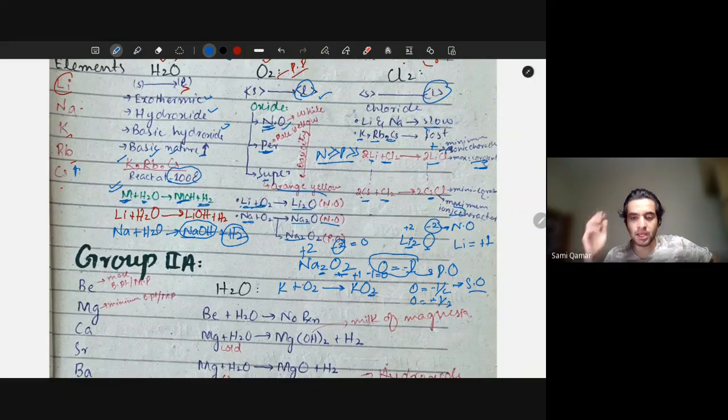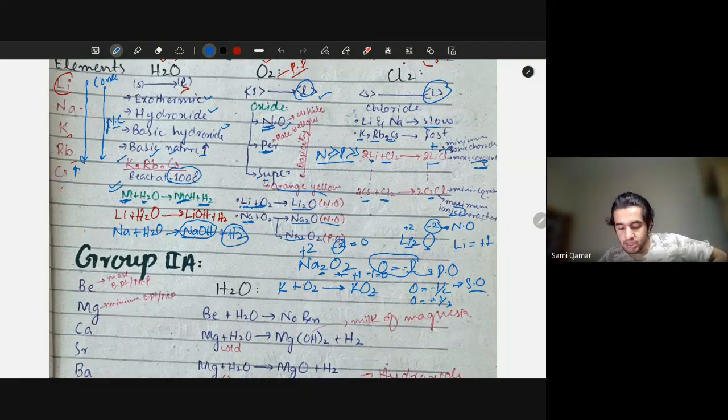What does that mean? It means that if you move from top to bottom, for chlorides, lithium chloride, sodium chloride, lithium will have maximum covalent character, and covalent character will decrease from top to bottom, while ionic character will increase from top to bottom.